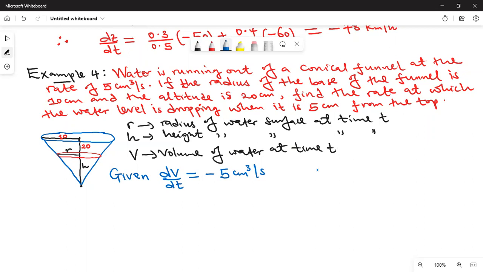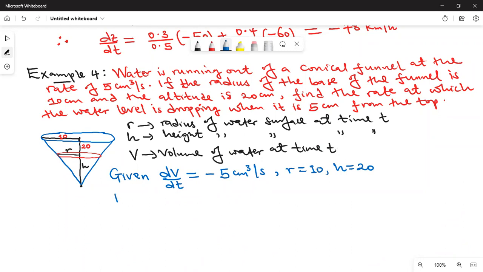We are also told that the radius initially is 10 and the initial height of that cone, or simply the water surface, is 20. That is simply the radius when the time is 0 and the height when the time is 0.